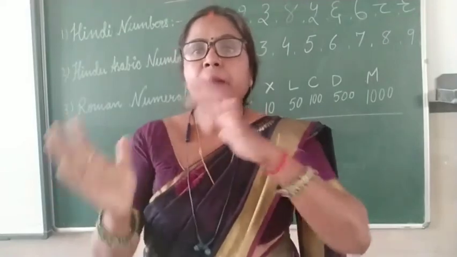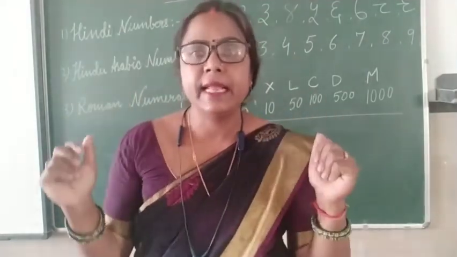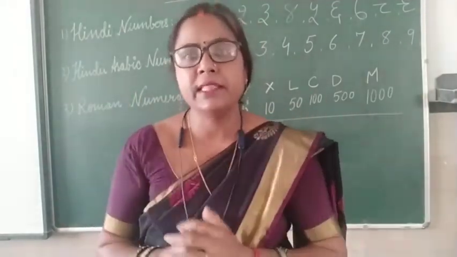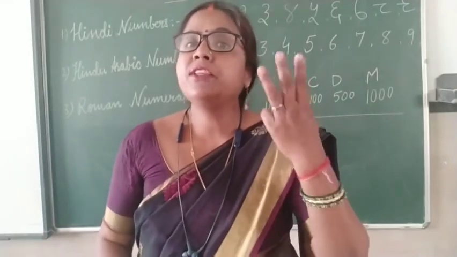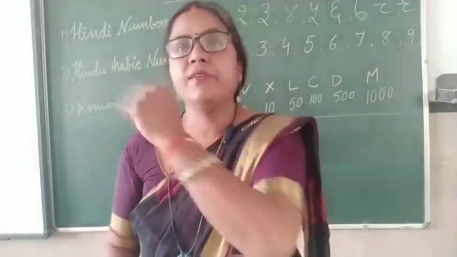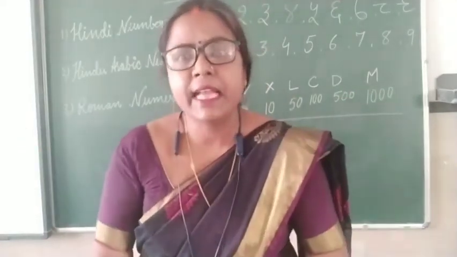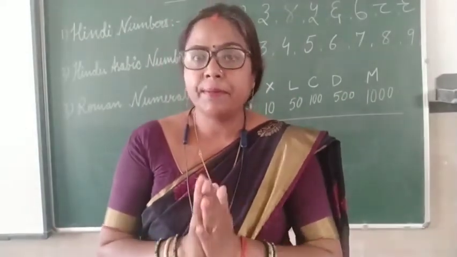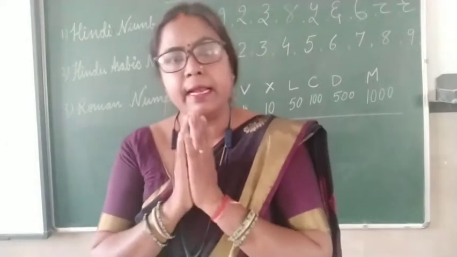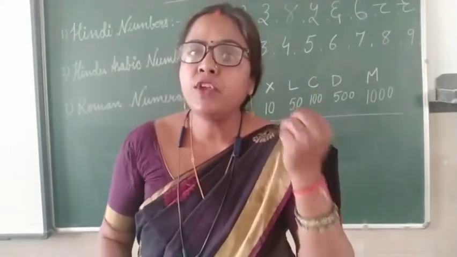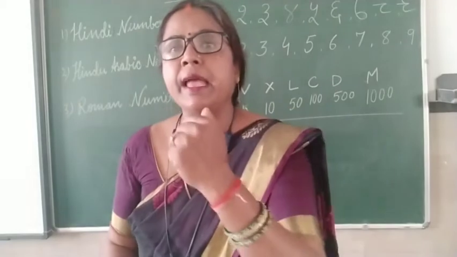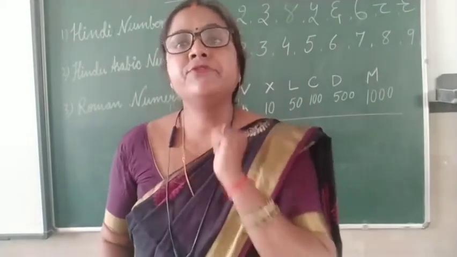So while combining 1 and 0, we get 10. While combining 1 and 3, we get 13. When we combine 3 digits, we get 321. It is just the same as in the subject English. There are alphabets, and alphabets have letters. When we join 3 letters, for example F-A-N, we get a word, that is fan.